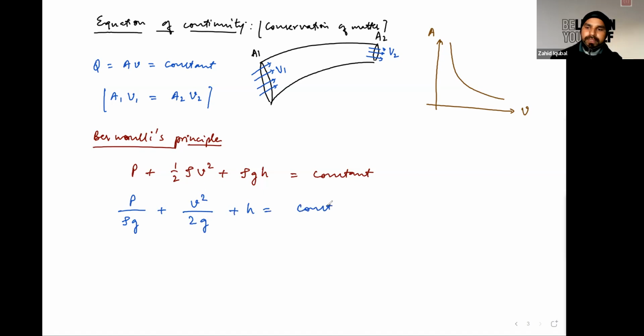So again, it will be constant. We may call this particular part, this particular part, and this particular part. First, this term is pressure head. This term is gravity head. Velocity head.